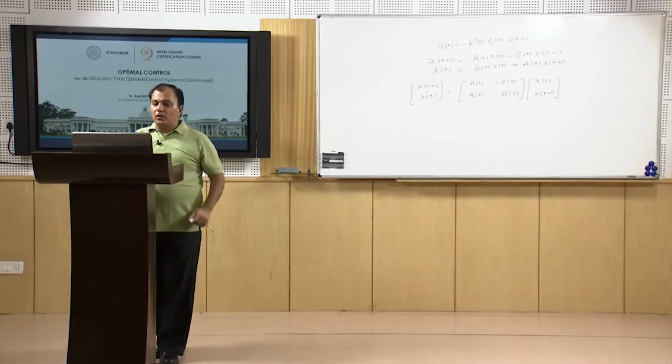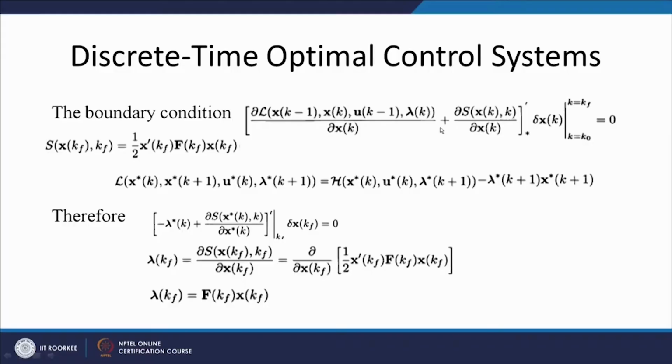So, this is my Hamiltonian system, and what will be my boundary condition? Our boundary condition is del L at x k minus 1, x k, u k minus 1, lambda k differentiated with respect to x k, and del S by del x k at the point k0 to kf, this must be equal to 0. K0 is known to us, so delta x of k0 will be 0, so that term vanishes and we are left only with the k equal to kf term.